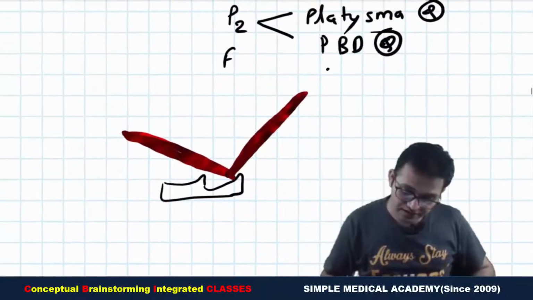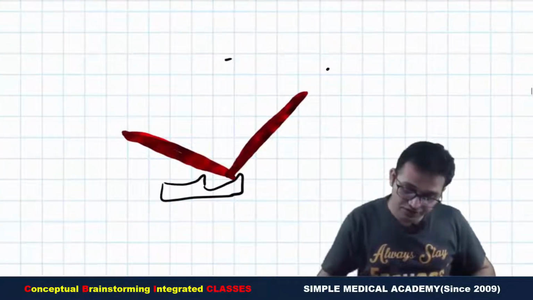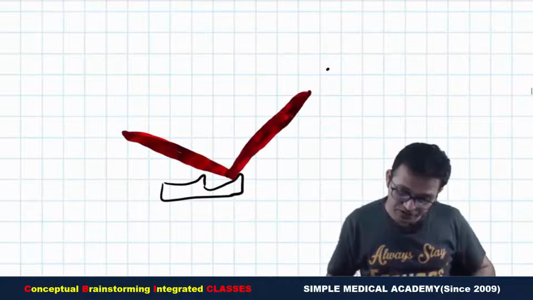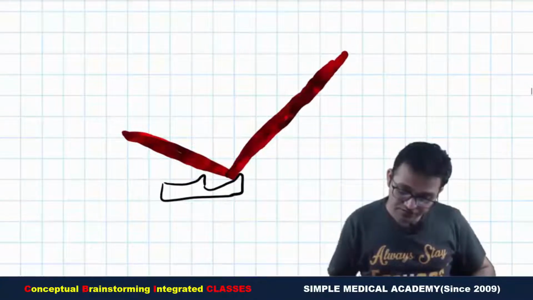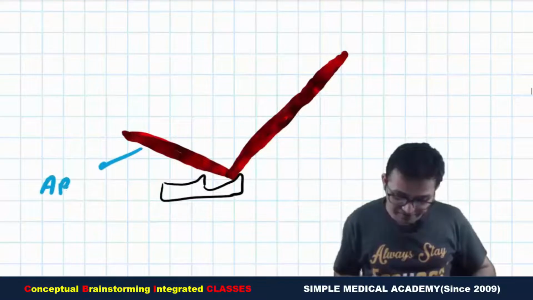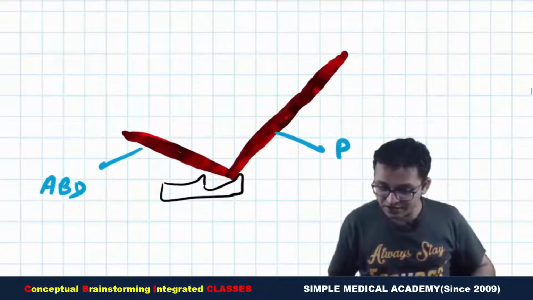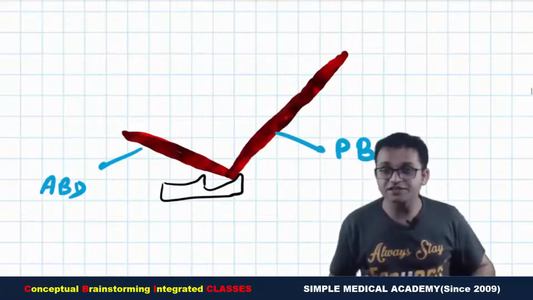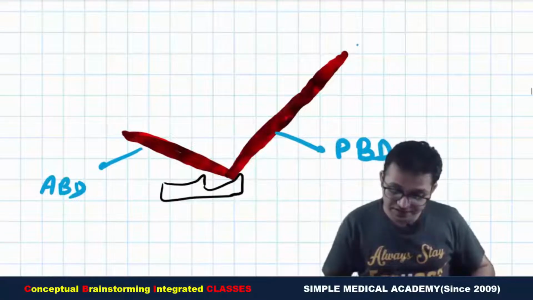So this muscle is the anterior belly of digastric, while this is the posterior belly of digastric.